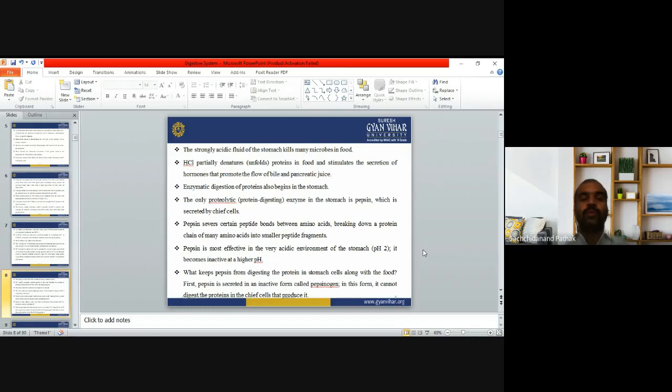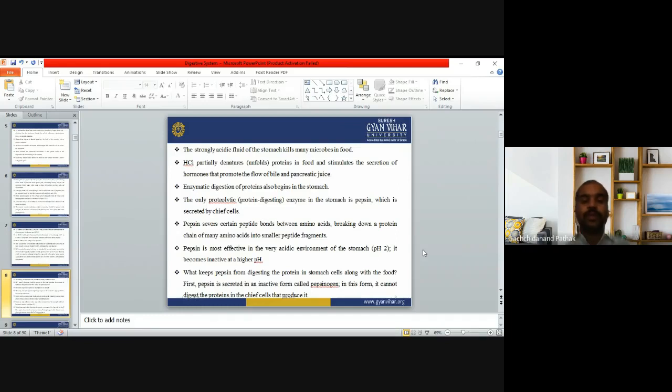The only proteolytic enzyme in the stomach is pepsin, which is secreted by the chief cell. Pepsin severs certain peptide bonds between the amino acids, breaking down the protein chain of many amino acids into smaller peptide fragments. Pepsin is most effective in the very acidic environment of the stomach and becomes inactive at a higher pH.